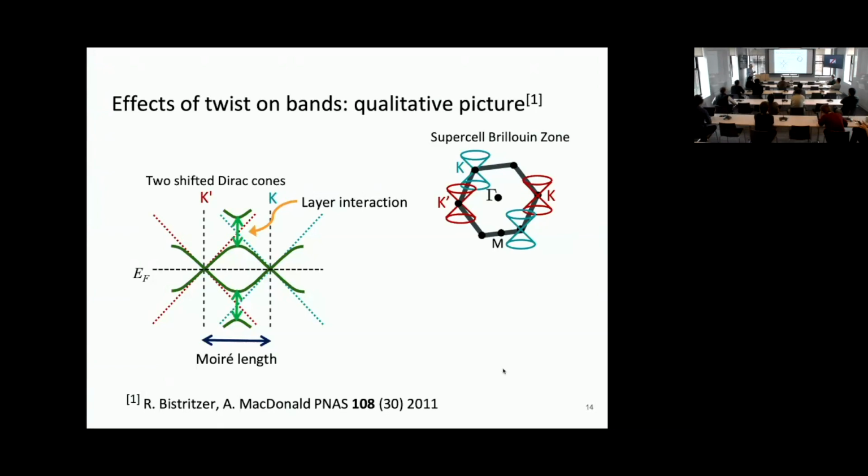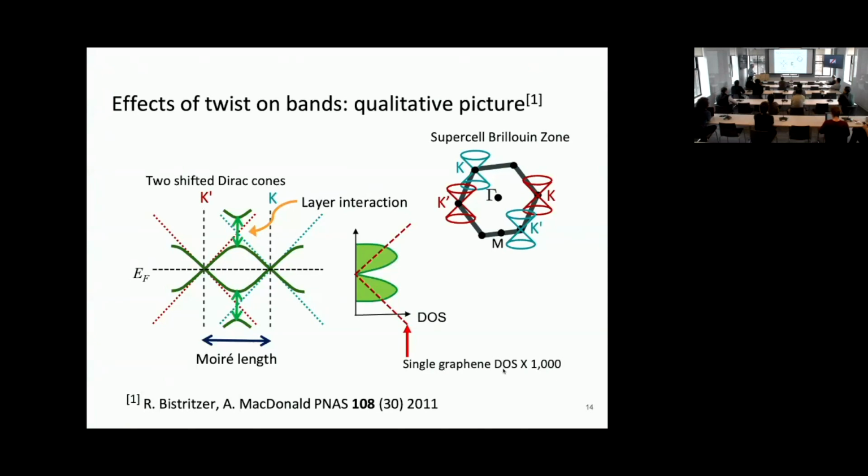These are shown as dashed lines here, and of course they intersect. The distance between the centers of these cones is dictated by the Moiré length scale, by the twist angle. So the smaller the angle, the closer these two cones are. Where the cones intersect, of course, this degeneracy will split, and the amount of splitting has to do with the interaction between the layers. So there's two different energy scales here.